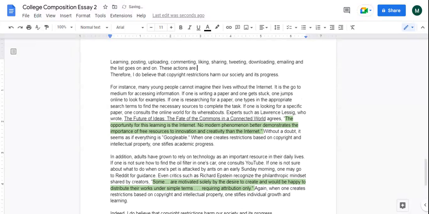These actions, 1 minute remaining, writers? 1 minute and 12 seconds. These actions envelop the world we live in today.